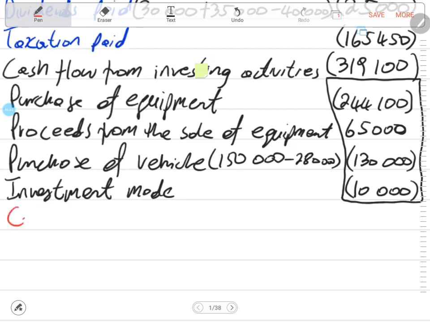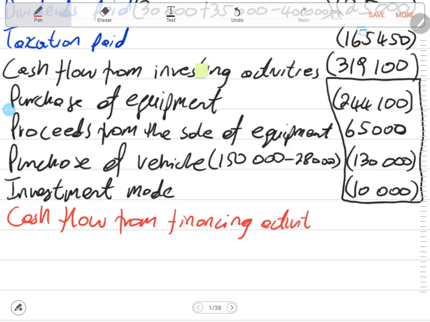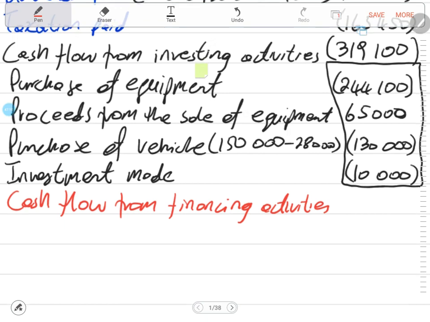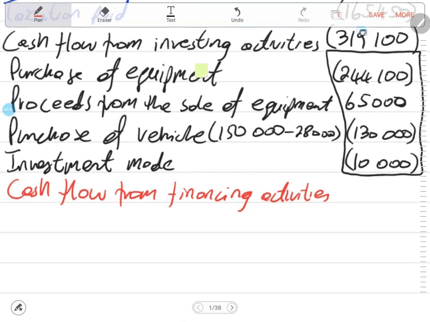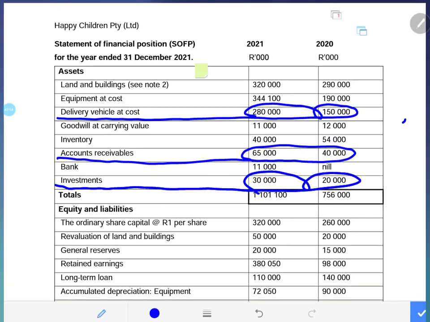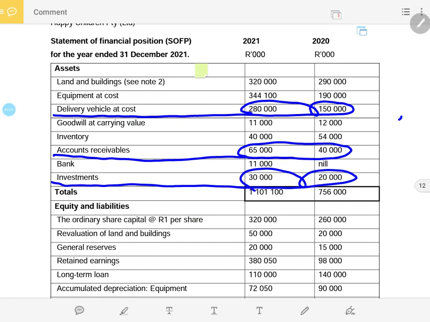financing activities. Cash flow from financing activities, we need to check if we had a loan that we made or repaid. Did we buy more shares?